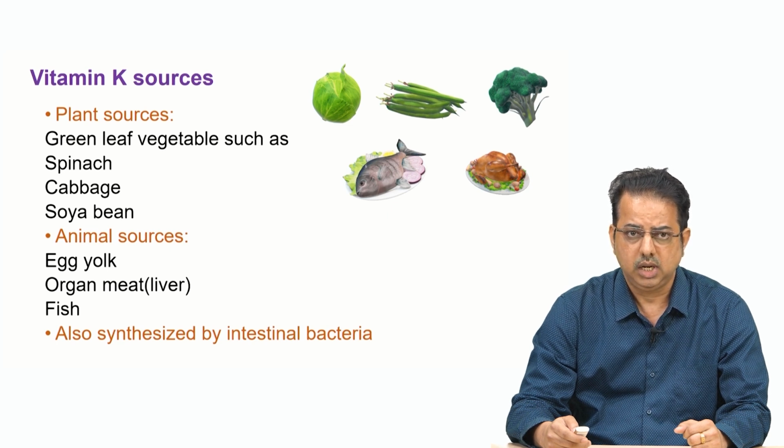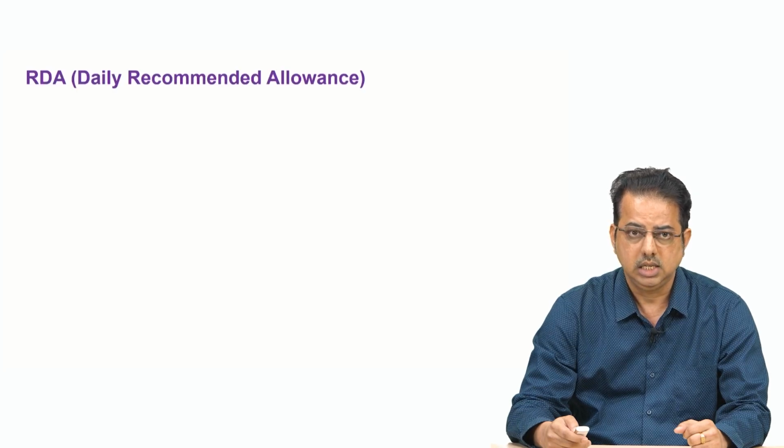In patients who are taking long-term antibiotic therapy, vitamin K deficiency may occur as antibiotics kill the intestinal bacteria. Next, we shall discuss the RDA, that is recommended daily allowance, which is 70 to 140 micrograms per day.